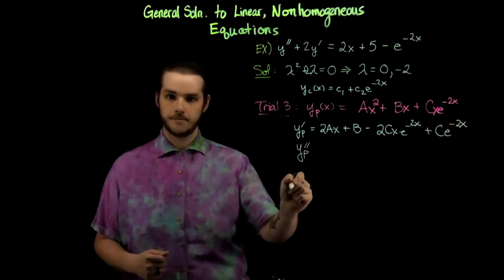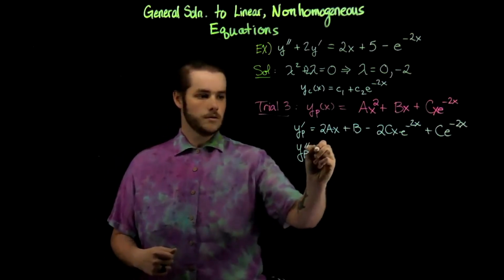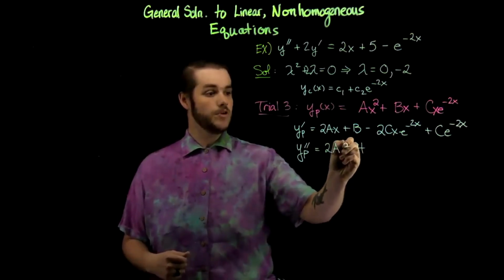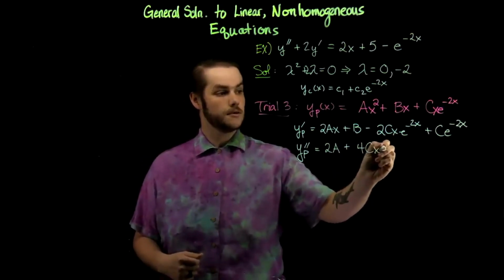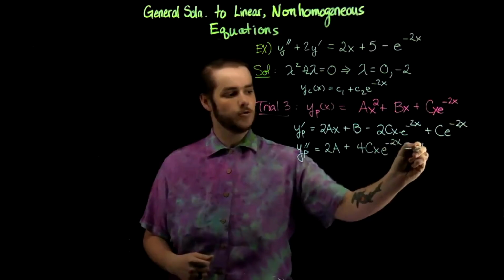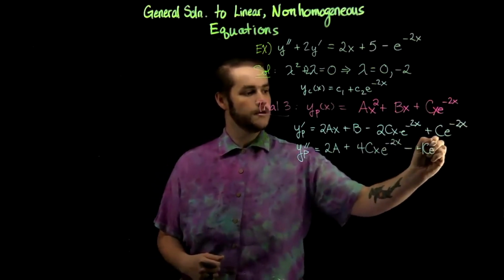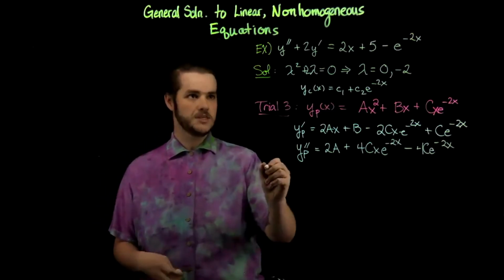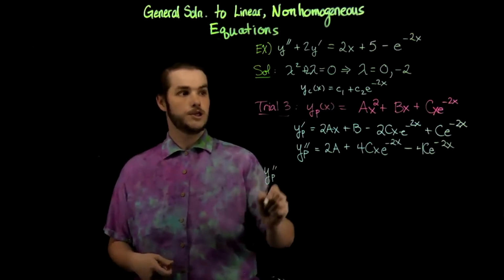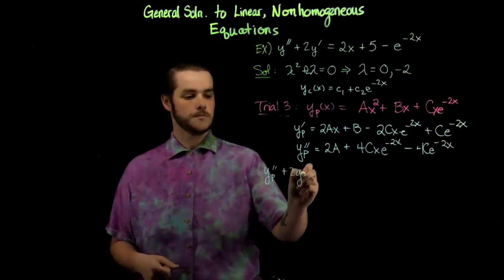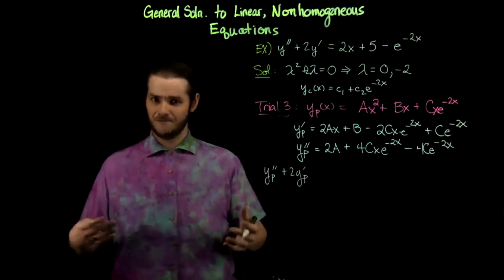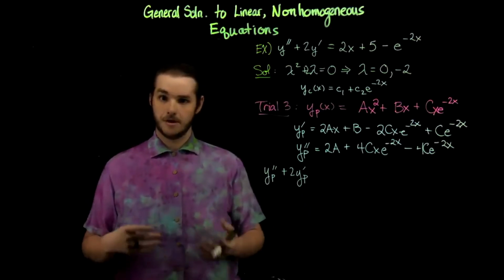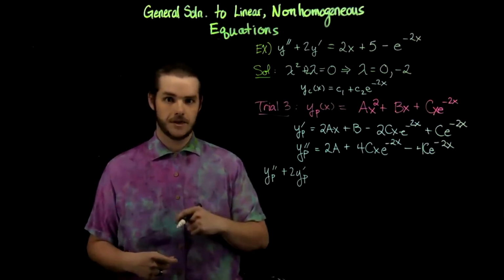Yp double prime then is 2a plus 4cx e to the negative 2x minus 4c e to the negative 2x. Now, we substitute this in to our differential equation. And I'm going to fast forward a bit here to plugging it all in, simplifying it all down, combining my like terms. And I'll see you at the end of that.